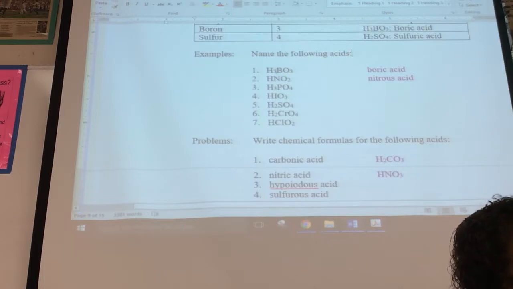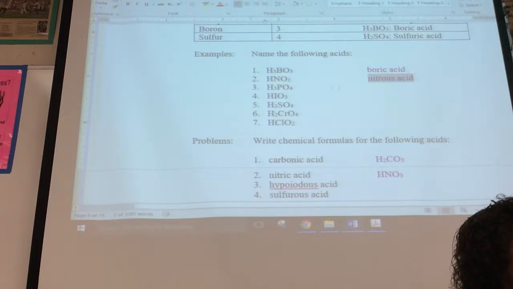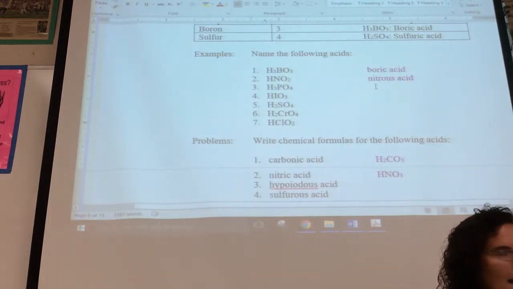So let's look here. Again, BO3 3 minus is borate ion, boric acid. NO2 1 minus is nitrite ion, ite becomes OUS, is nitrous acid. Focus here on the PO4 3 minus, which is phosphate. So what's the name of this acid?